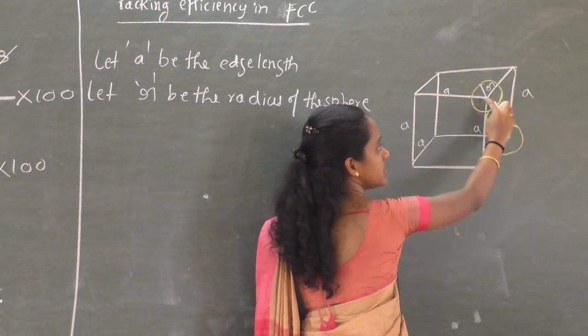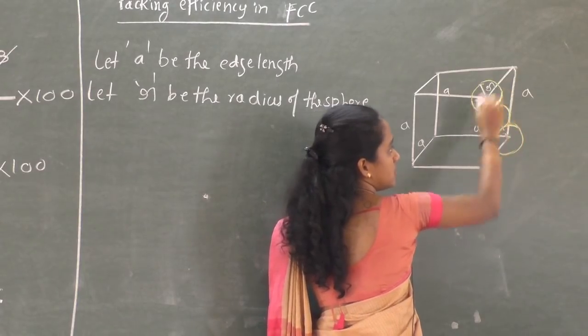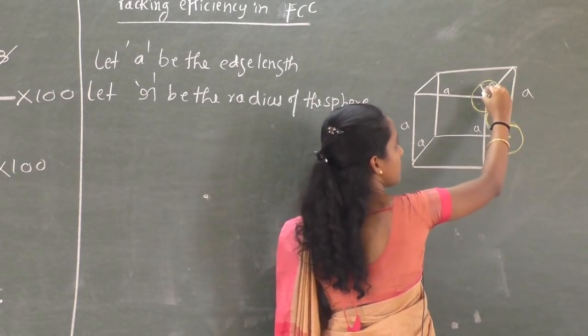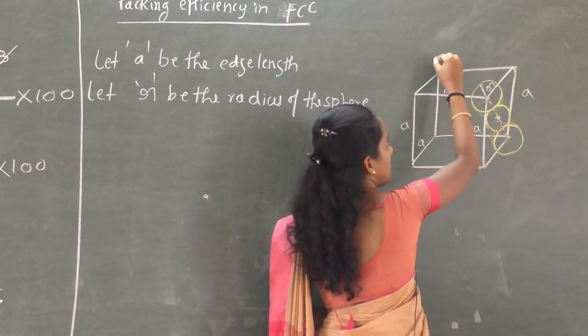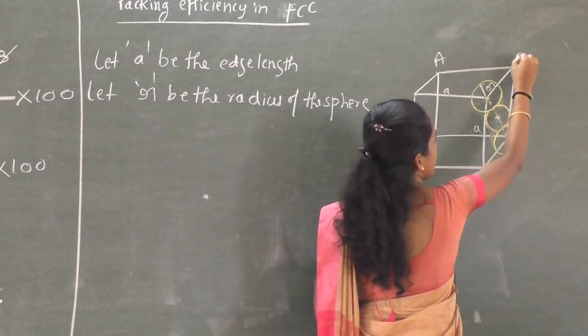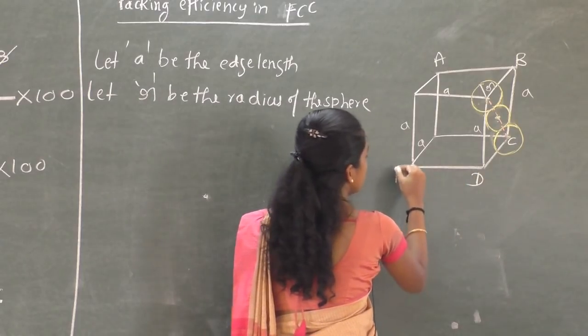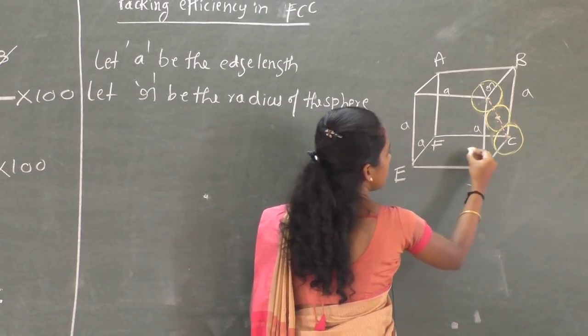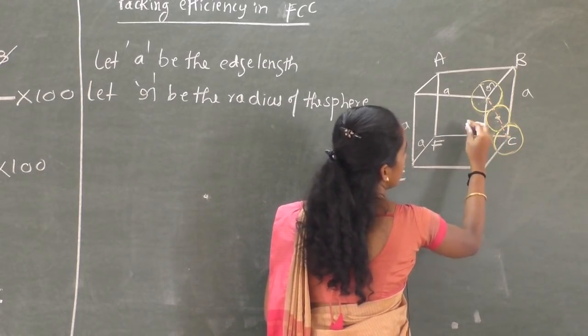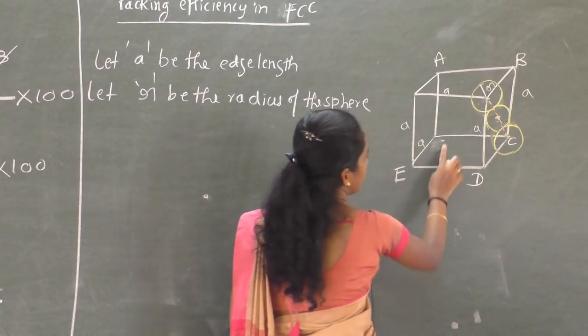See, I'll join these 2 corners. So I'll give the names: A, B, C, D, E, F.